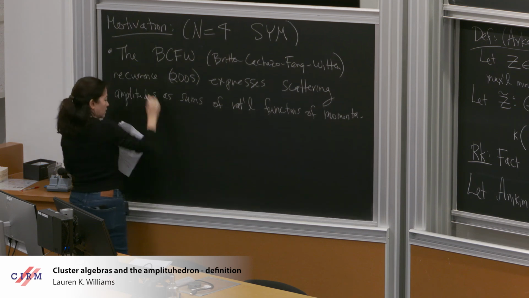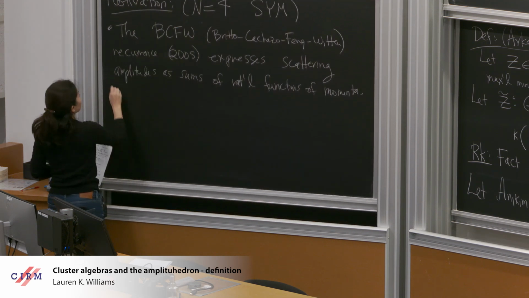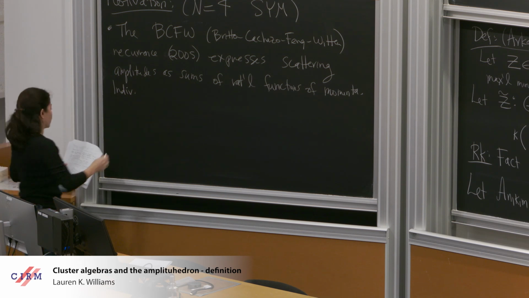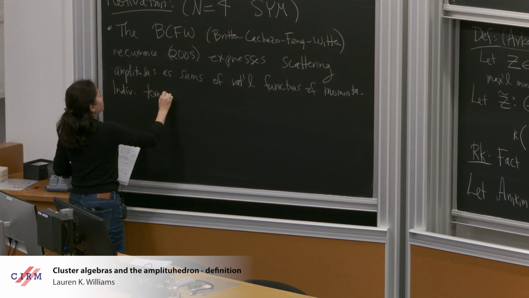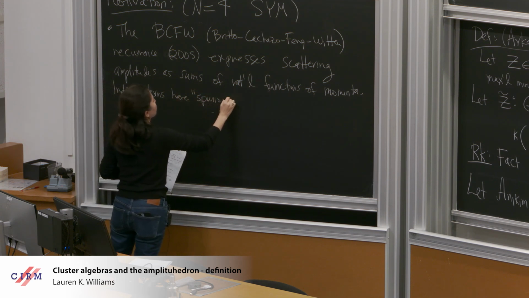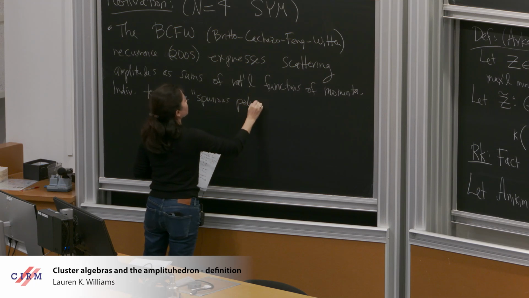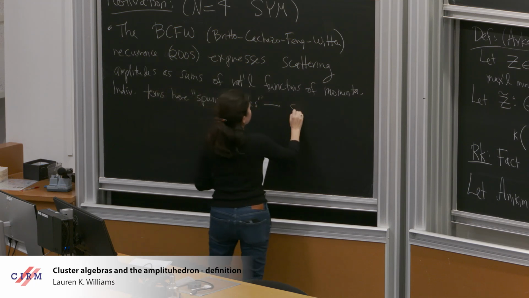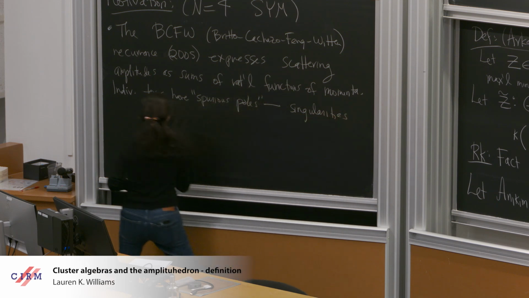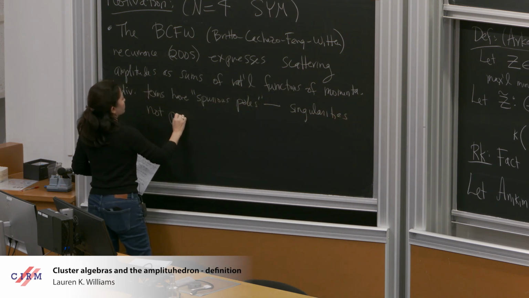And in this recurrence, there are a whole bunch of terms, and the individual terms have spurious poles, meaning singularities not present in the amplitude.